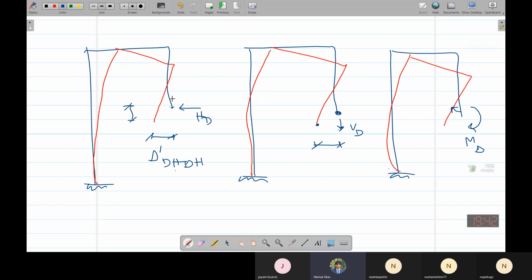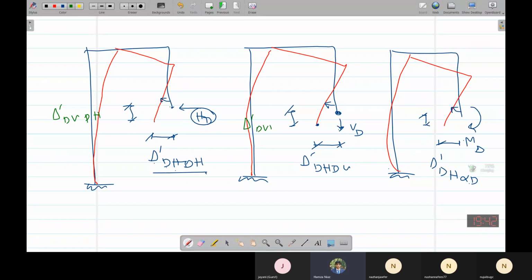All right. So we have to write all the deflection equations. This is delta dash dh, deflection in horizontal direction at D caused by horizontal force at D. This is delta dash dh by dv. This is delta dash dh by alpha d, by moment at D. Similarly, at this point in vertical direction, delta dash dv, this is vertical displacement by dh force.